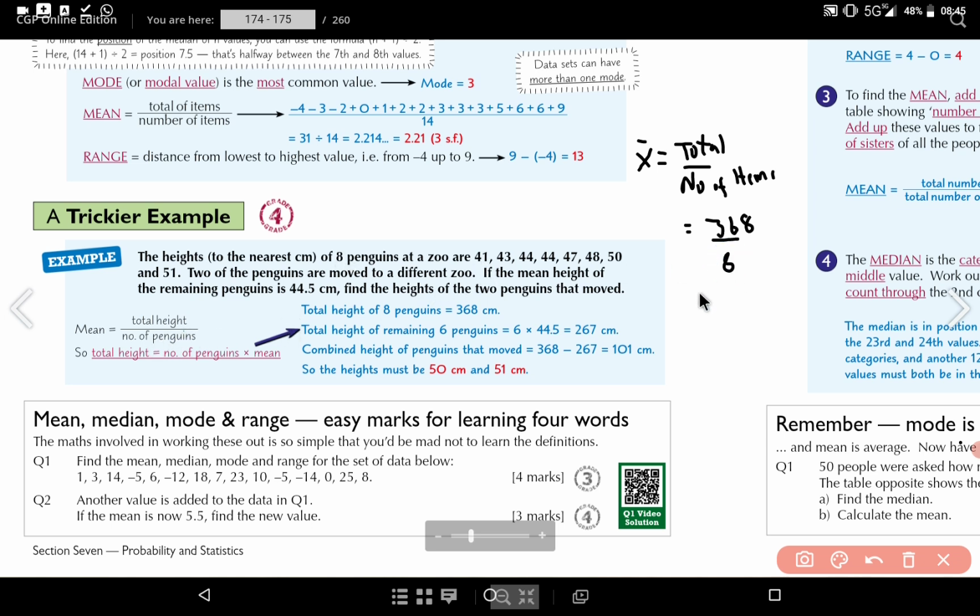So when we find the mean, we get 368 divided by 8.